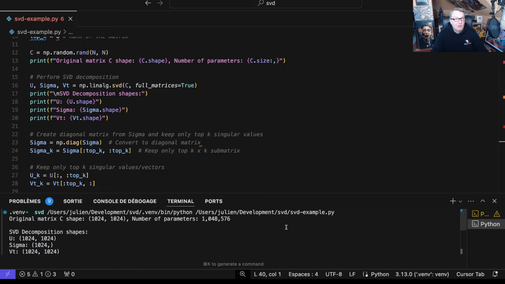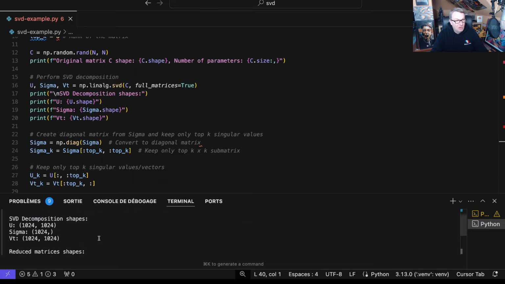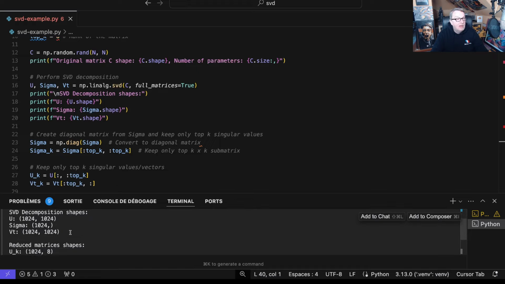So the original matrix has a little more than 1 million parameters, 1024 by 1024. The decomposed form has U at 1024 by 1024, sigma, the vector of 1024, but think of it as a diagonal matrix, 1024 by 1024 with just zeros everywhere except on the diagonal, and V transpose 1024 by 1024.